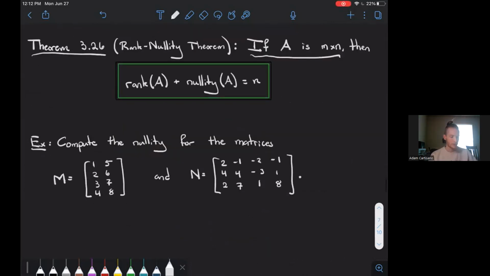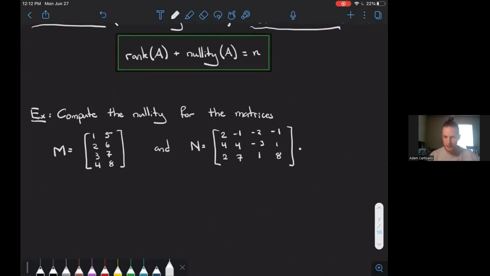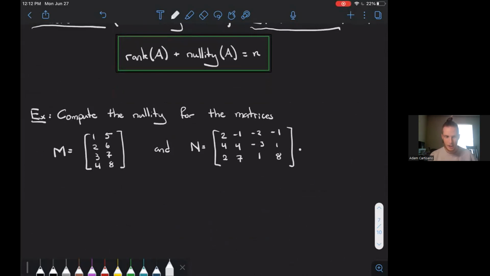So we'll give an example of how convenient this theorem is. Compute the nullity for each of these two matrices. Okay, well, notice these columns are clearly linearly independent. One is not a multiple of the other one, which means that the dimension of the column space is 2, which means that the rank is 2.